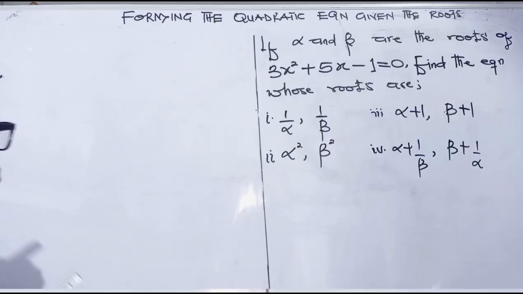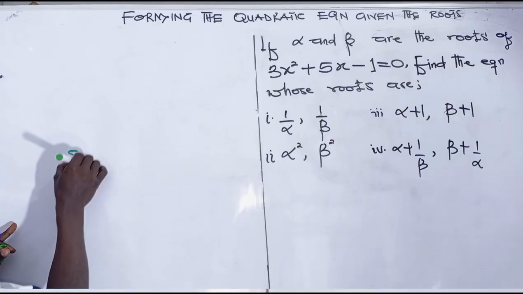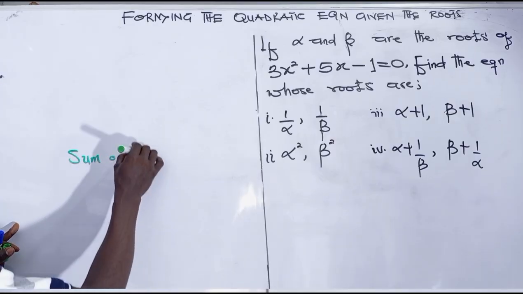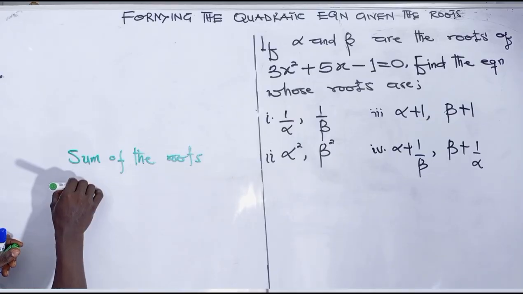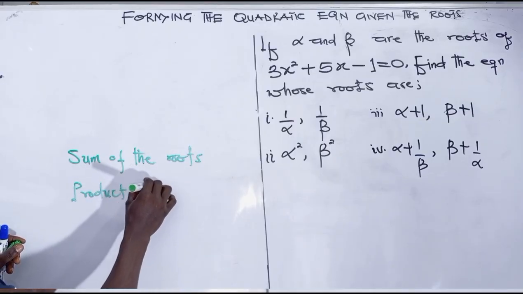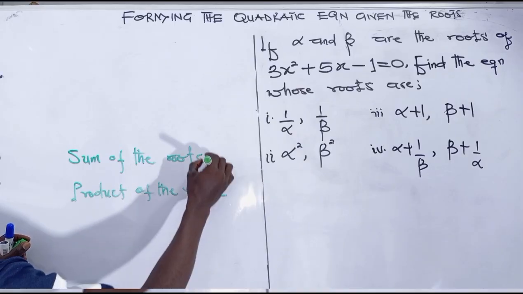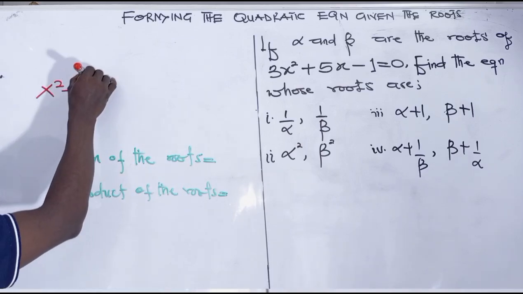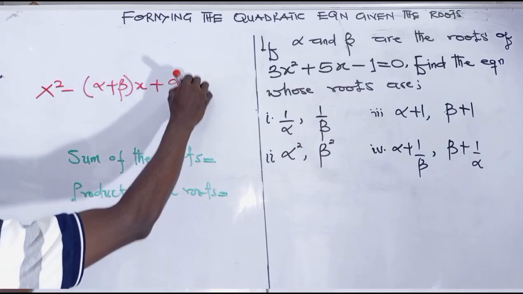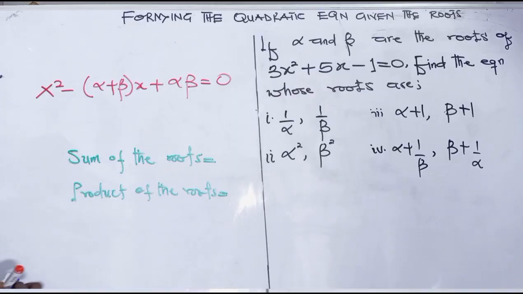So we said that to form the equation, all we have to do is find the sum of the roots, and then find the product of the roots, and then substitute them into this formula, where alpha and beta are the roots of the quadratic equation given.